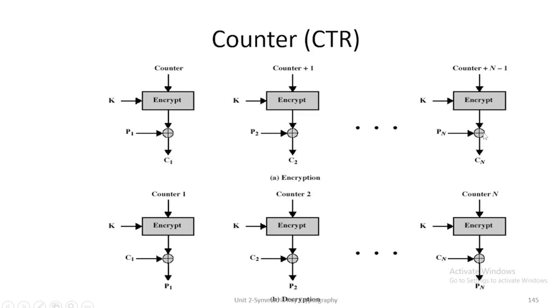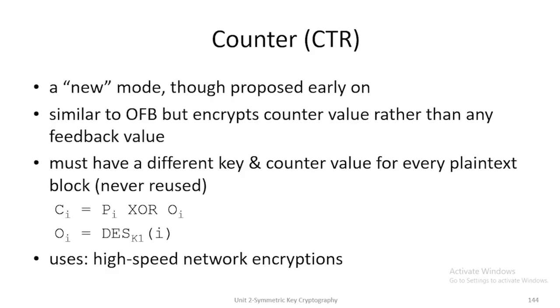This is also an independent method, like the electronic codebook mechanism. So we do the encryption and XOR operation at the encryption side. At decryption also, we do the same encryption mechanism and XOR with the ciphertext value to retrieve the plaintext. So this is the counter method algorithm.